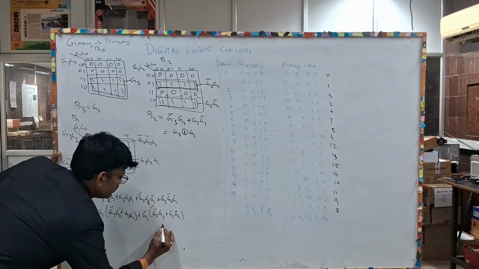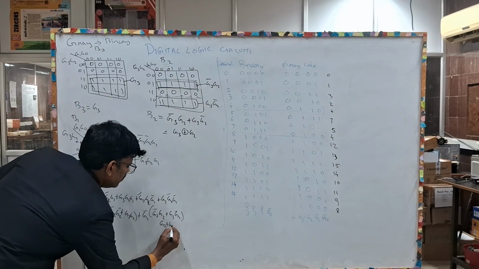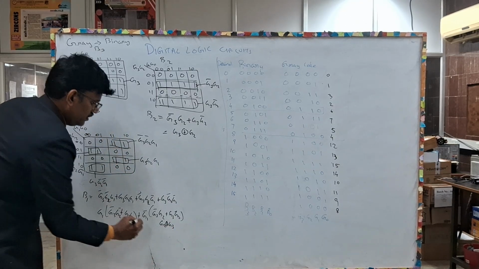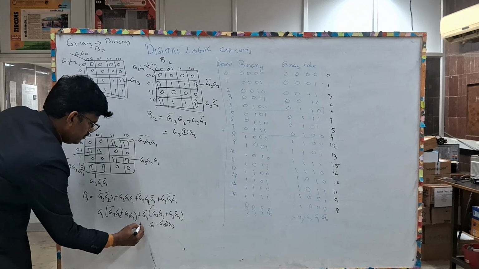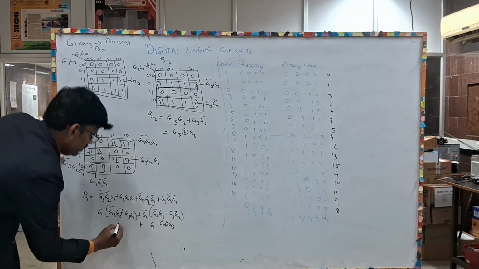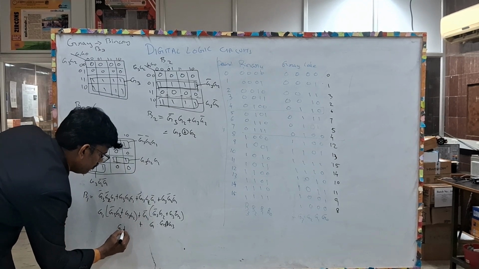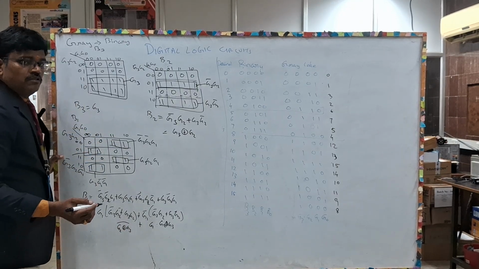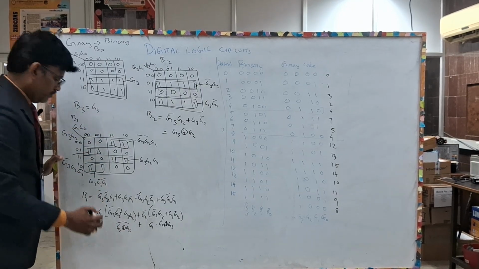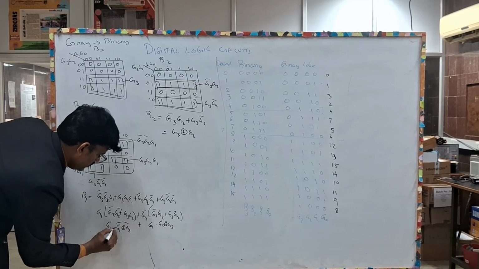This is going to be the expression for G2 XOR G3, and this is G1. Similarly this is going to be the XNOR operation of G2 and G3, that is the complement of the XOR operation, and this is G1 bar.